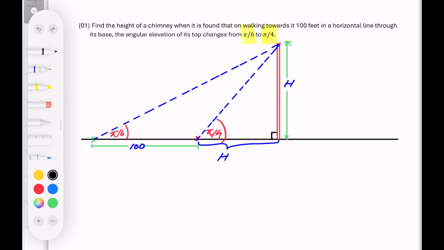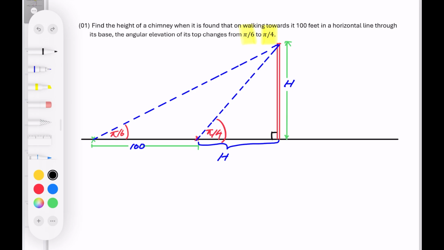If you don't like to write it that way, that's completely fine. You can write down an equation for tangent pi over 4. Tangent pi over 4 is the opposite side divided by the length of this side. You can label that length maybe as x. So tangent pi over 4 will be equal to h over x. But you know that tangent pi over 4 is equal to 1. Therefore, x should be equal to h.